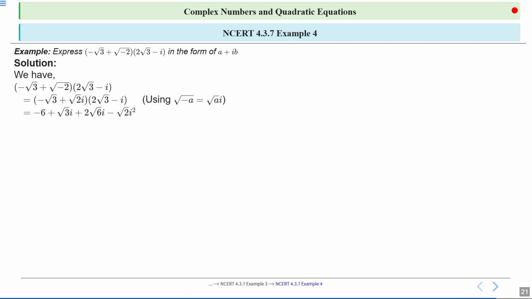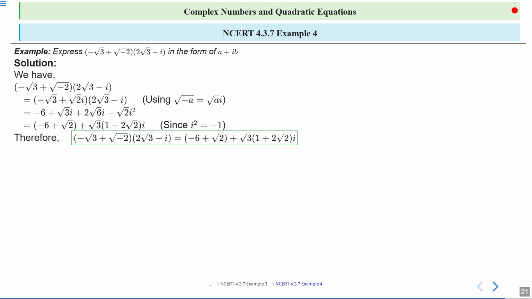Let's expand the expression by multiplying each term. So this is equal to minus 6 plus root 3 times iota plus 2 times root 6 times iota minus root 2 times iota square. Now let's simplify further. It will give us minus 6 plus root 2 plus root 3 times 1 plus 2 times root 2 times iota, since iota square is minus 1.